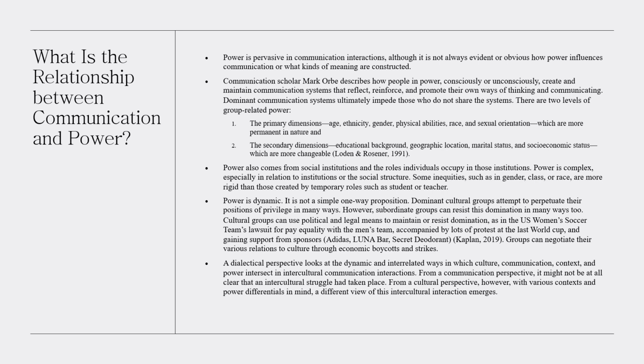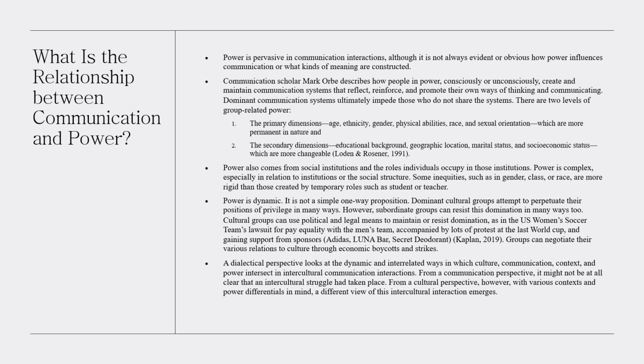The secondary dimensions, things like educational background, geographic location, marital status, and socioeconomic status, are more changeable, though not always. We'll talk about that later in the class, because people tend to end up, in many cultures, staying exactly where their previous generations of their families were in terms of these issues. Power also comes from social institutions and the roles that individuals occupy in those institutions.